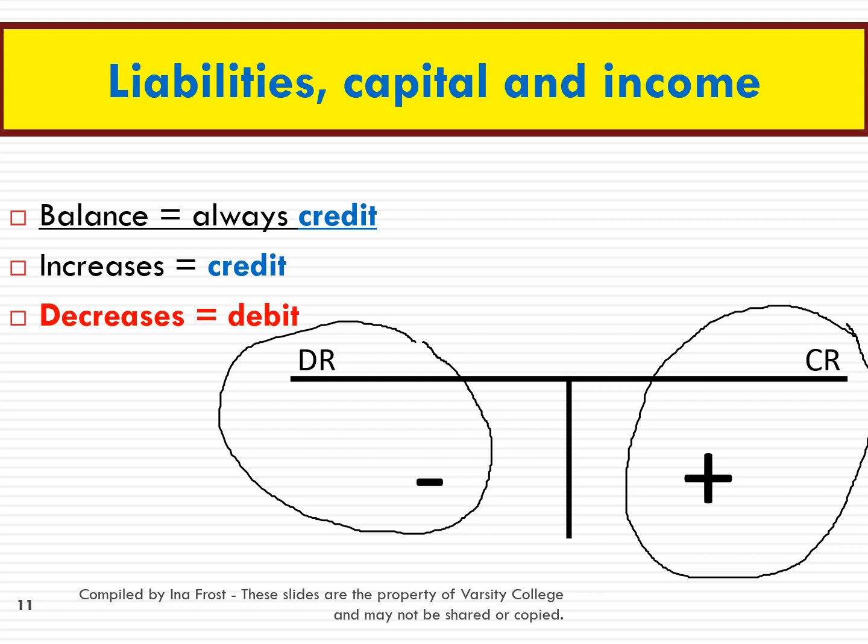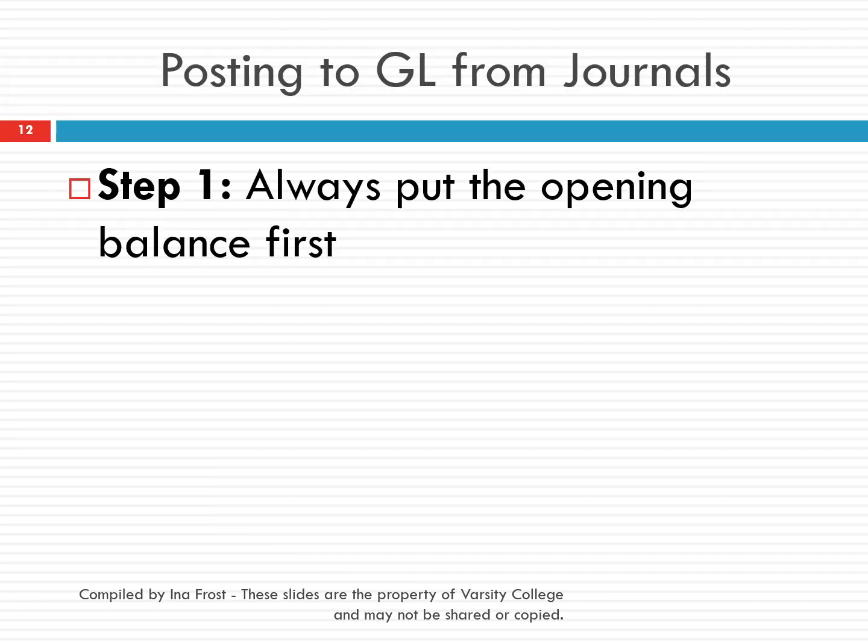So when we post now our journal to our general ledger, there are steps that you need to follow. Step number 1 is to check the question and to see if there are any opening balances for this particular account. And if there is an opening balance, you will use your debt click to determine if you place this opening balance on the debit or credit side.